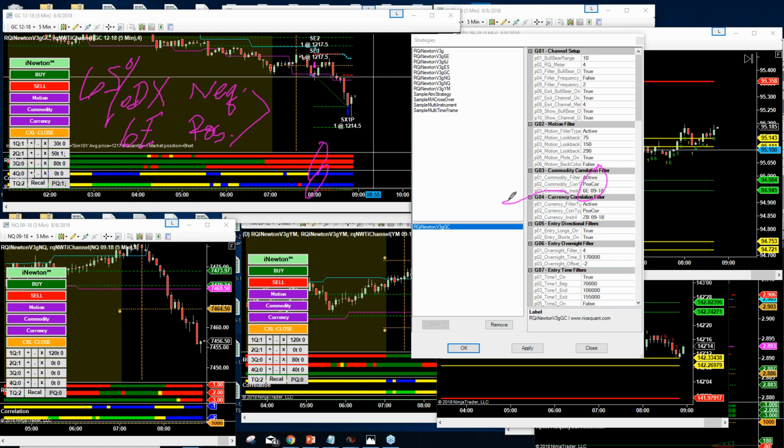If you do subscribe to dollar data, then you put the symbol in caps, expiration, and here you would have negative correlation.